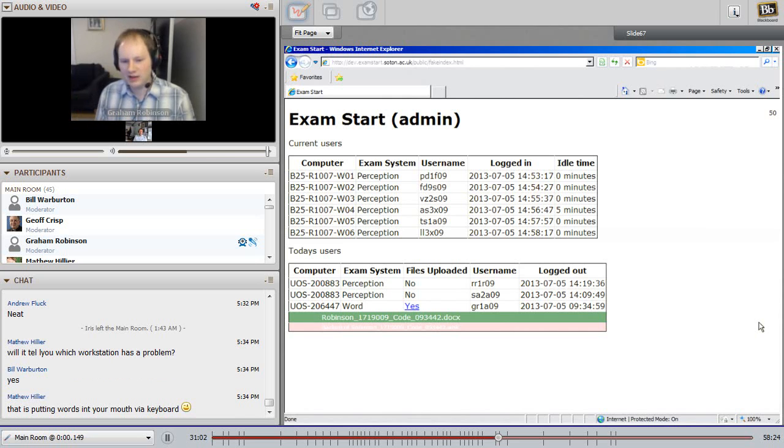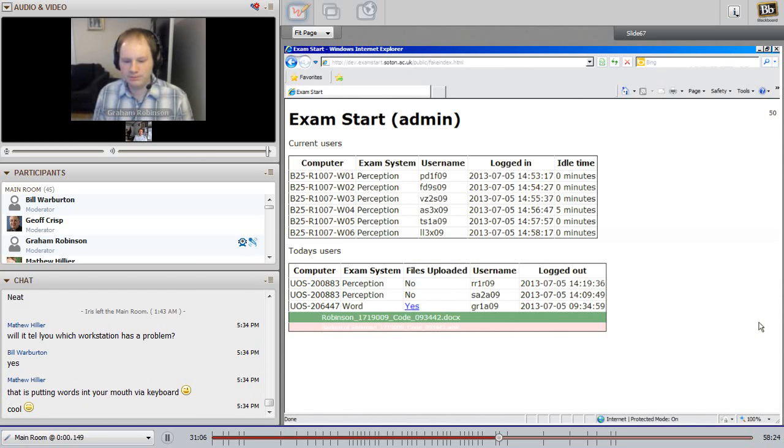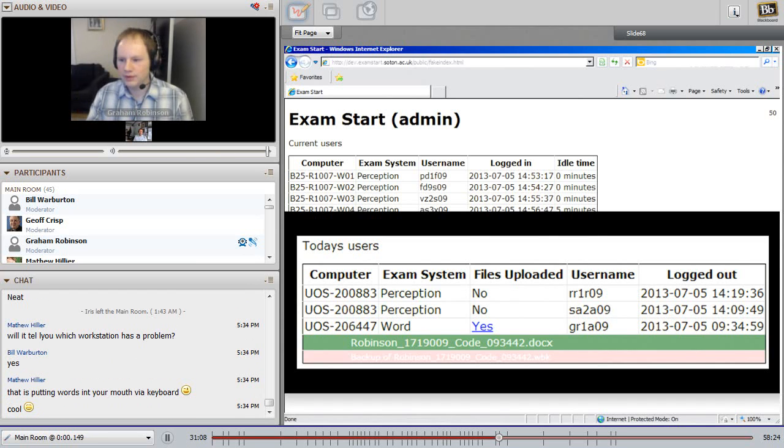And at the bottom you can see this is what happens for people who have logged out. So the people who aren't on the computer anymore, we can see that that user who used perception, they logged out at 2:20. But earlier in the morning, someone used Word. And when you use Word, you would expect there to be a file uploaded.